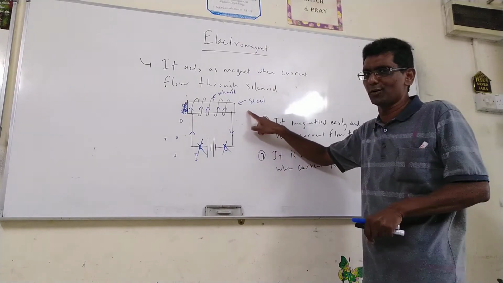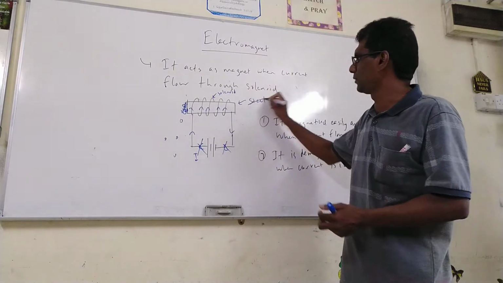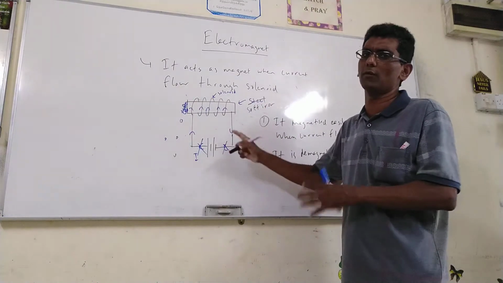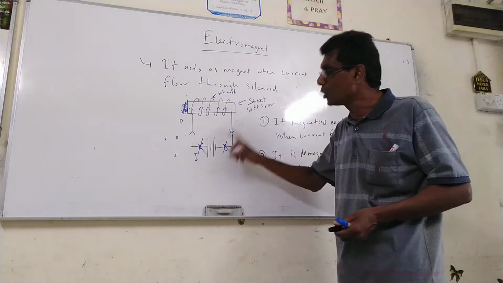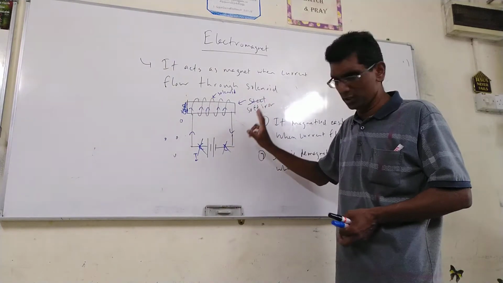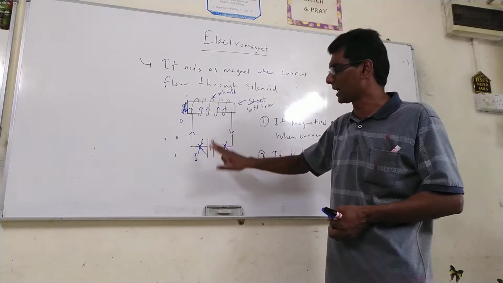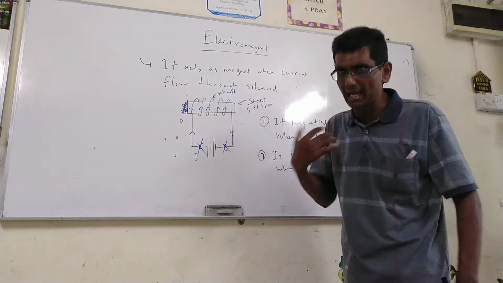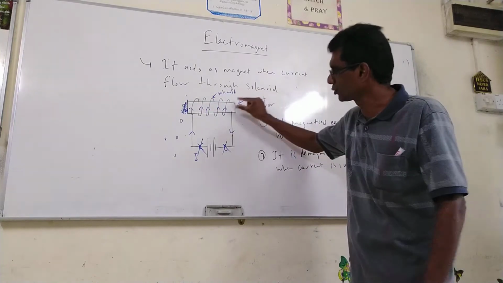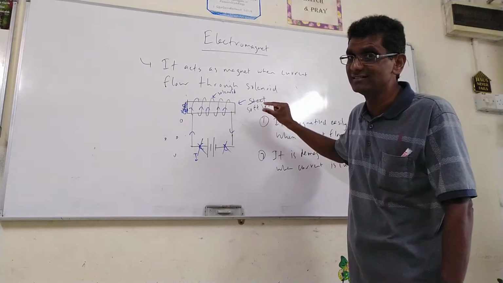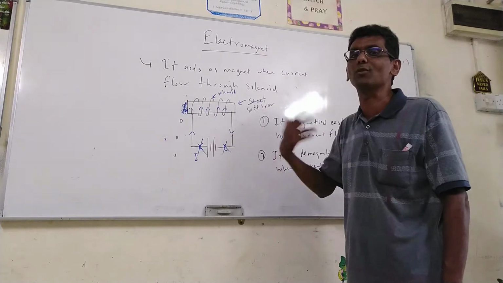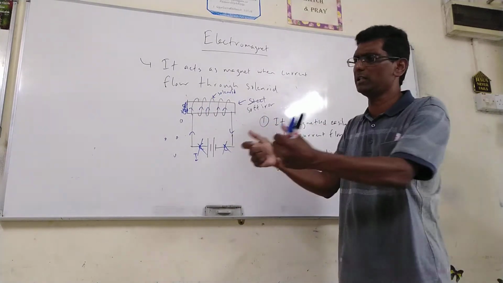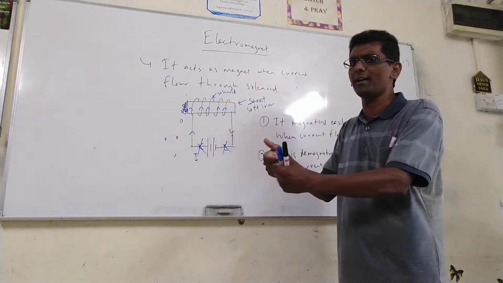Unlike the soft iron core. If you use a soft iron core and allow the current to flow through the solenoid continuously for 10 days, at the end of the 10th day when you take the soft iron core from the solenoid, it becomes an ordinary soft iron core again. It cannot attract any iron things.